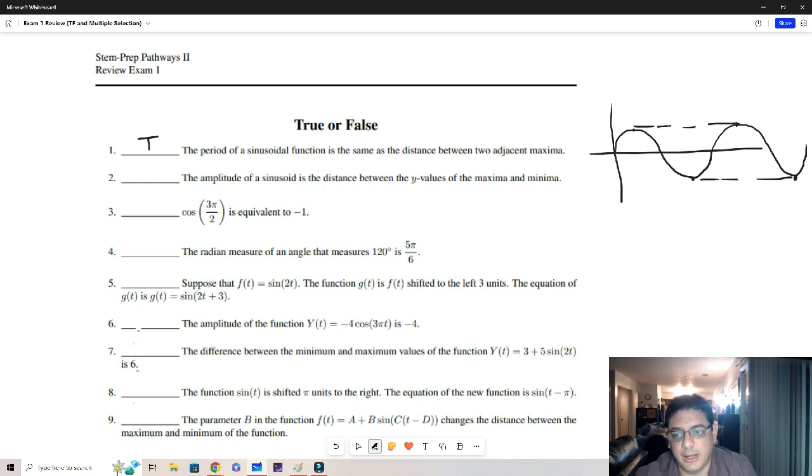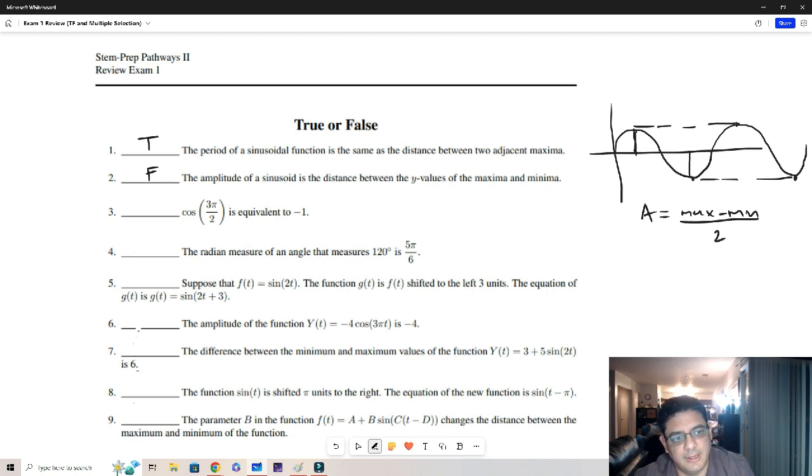Now, question 2 says the amplitude of a sinusoidal function is the distance between the y values of the maxima and the minima. And this is false, because if you take a look here, the amplitude is only measuring this little piece here. You can think of it as the maximum minus the minimum divided by 2.